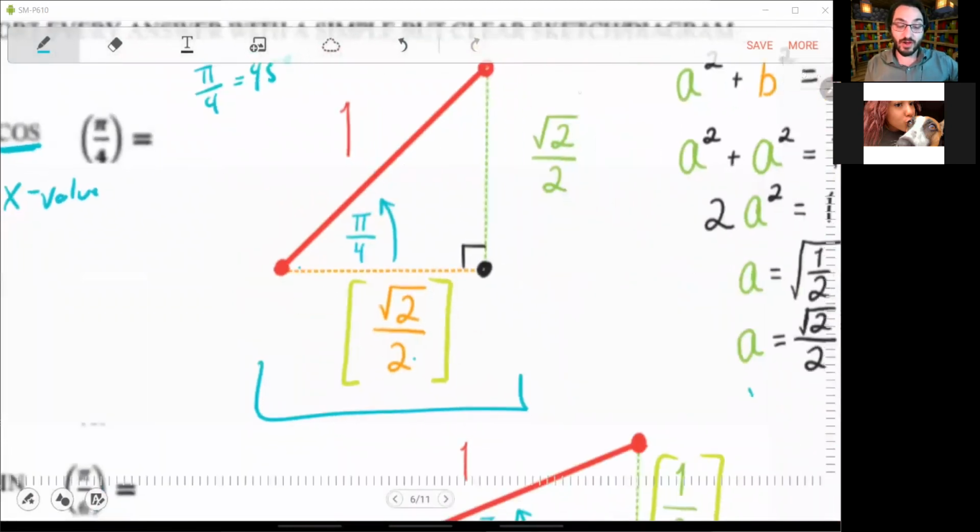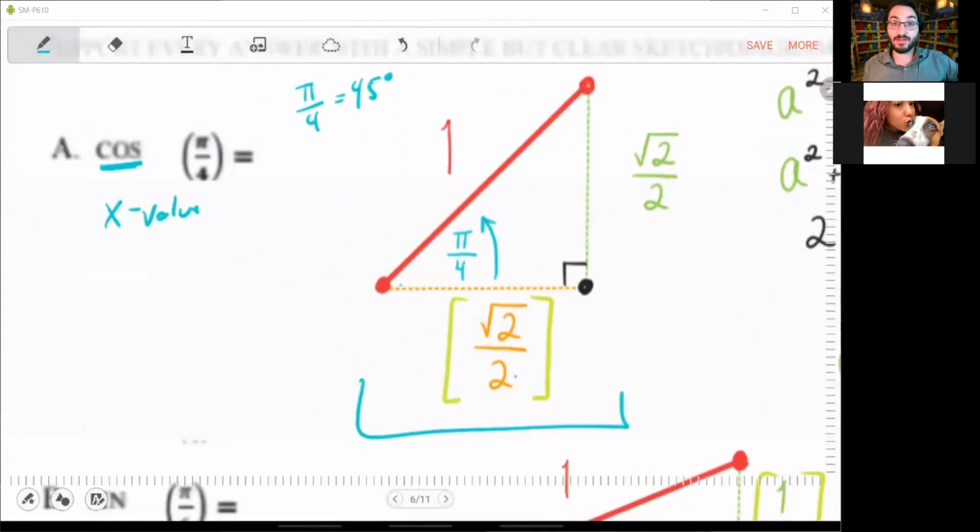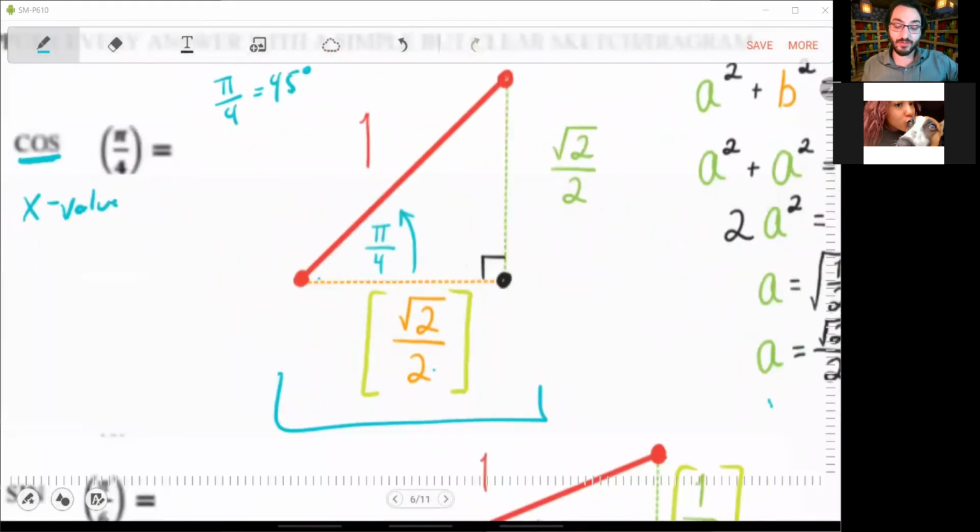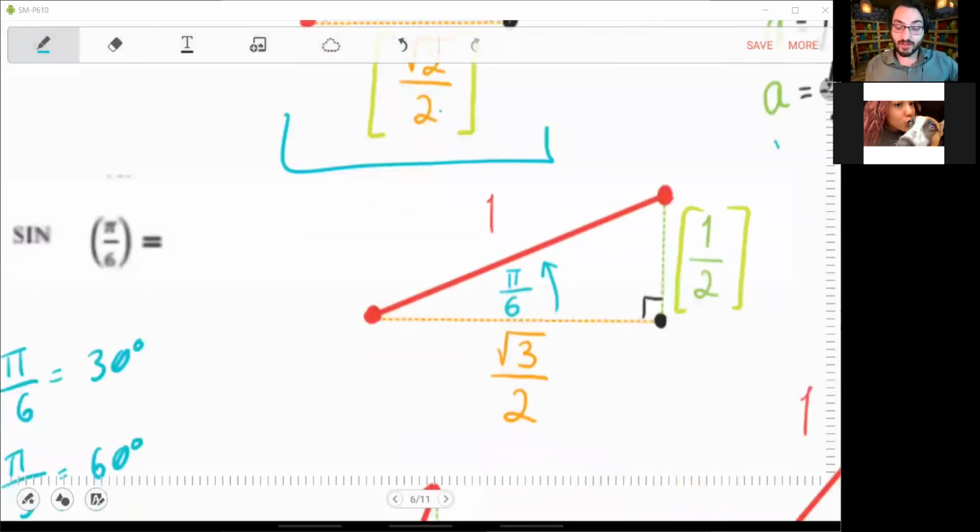To find the cosine of pi over 4, we draw an isosceles right triangle with pi over 2, rad 2 over 2 and rad 2 over 2. Boom, this is the cosine because it's the x value. For the sine of pi over 6, opposite the pi over 6, the vertical aspect, the y is going to be 1/2. And how do I know that?